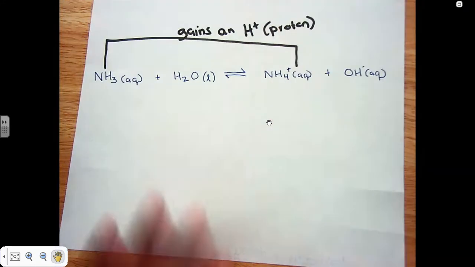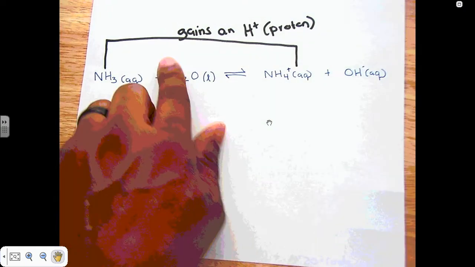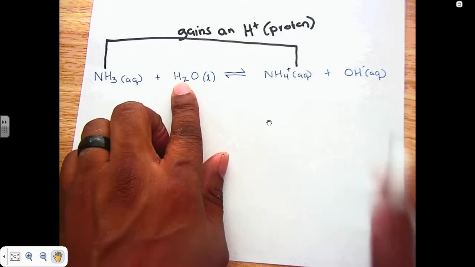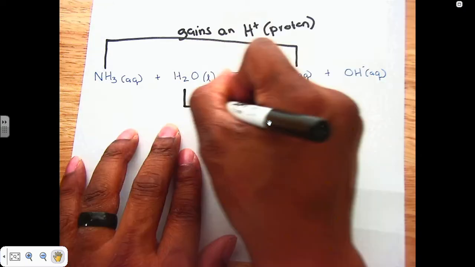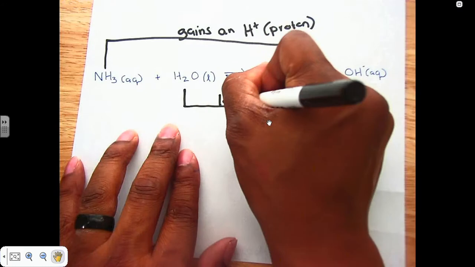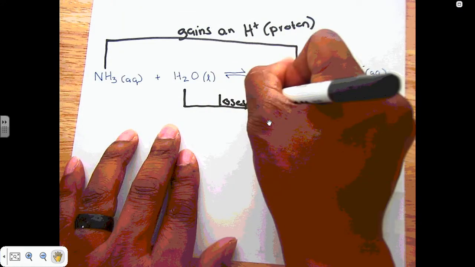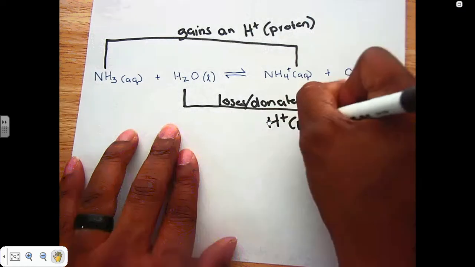And if you know that, you also know that if that one's gaining, something happened to this one. This one went through a process where it somehow lost an H group. So it loses or donates an H or a proton in this case.